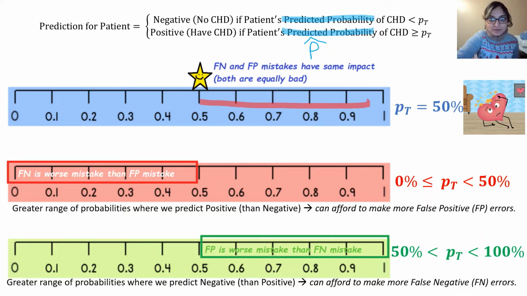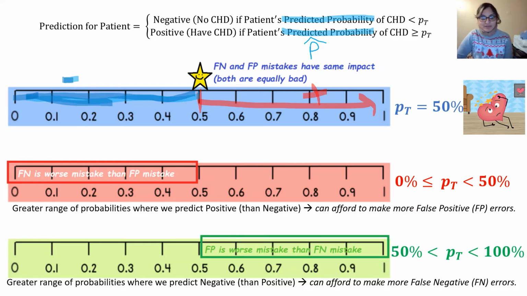This direction is positive, including 50%. And then the other direction is typically negative in the prediction. Just for the sake of the colors, I'm going to change the colors. That's predicted negative.